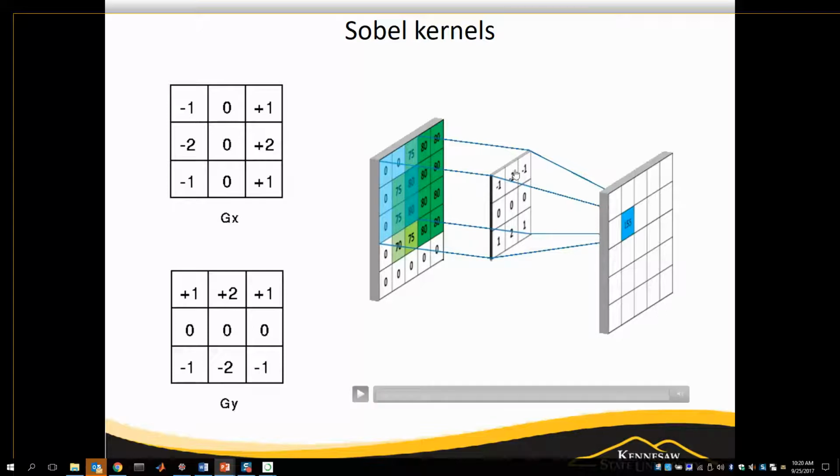Here's -1, -2, 0. So here we're doing the flipped version of this. Essentially, I'm comparing this pixel to this pixel, and these pixels in the middle don't count. They have zeros. So I'm checking, is that different than that? Well, that minus that is 0. They're the same, so it doesn't contribute. That minus that, that's 75.